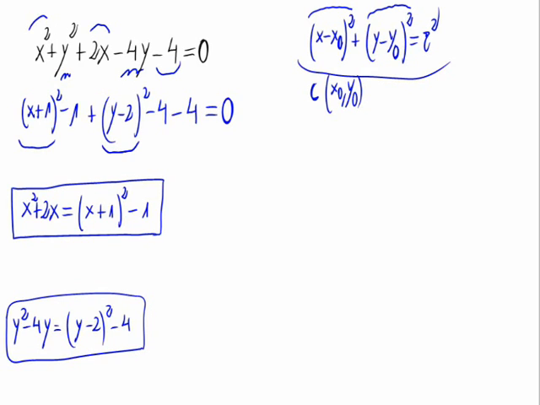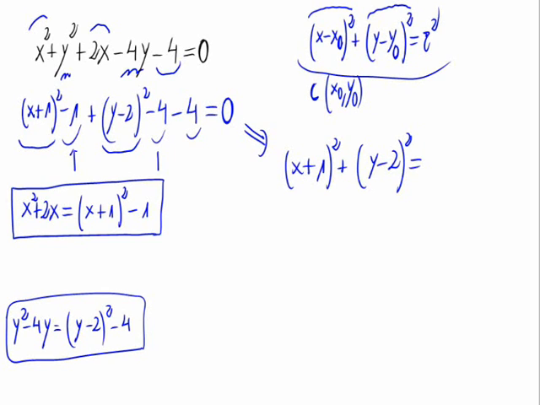This is the same as (x plus 1) squared plus (y minus 2) squared equal this, and this, and this goes to the right side, so this is a 9.